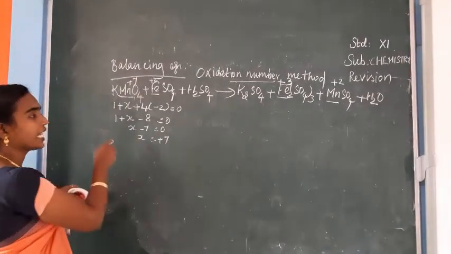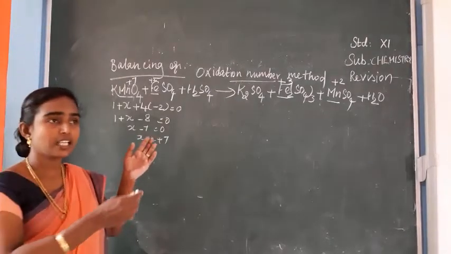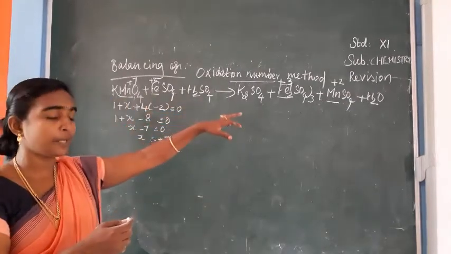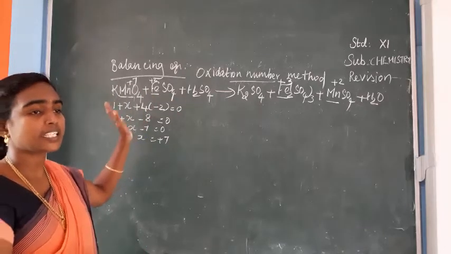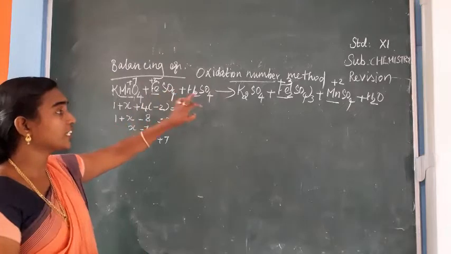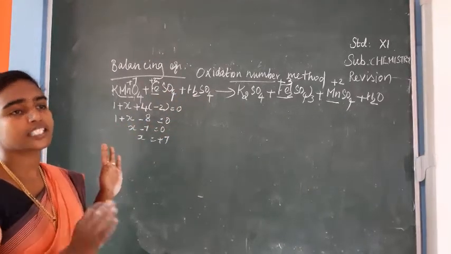So now what we have to do is, we have to write which element is getting oxidized. When this KMnO4 is converted into MnSO4, is Mn undergoing an oxidation reaction or a reduction reaction? Here also, when FeSO4 is converted into Fe2(SO4)3, is it an oxidation or reduction reaction?